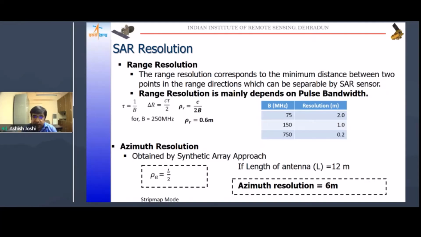For a strip mode SAR, the azimuth resolution is given by L by 2, where L is the antenna length, so it is half of the antenna length. If the length of the SAR antenna is 12 meter, then we can get an azimuth resolution of up to 6 meter. These are the two concepts of range resolution and azimuth resolution. We will read these concepts again in detail in our upcoming webinar series.